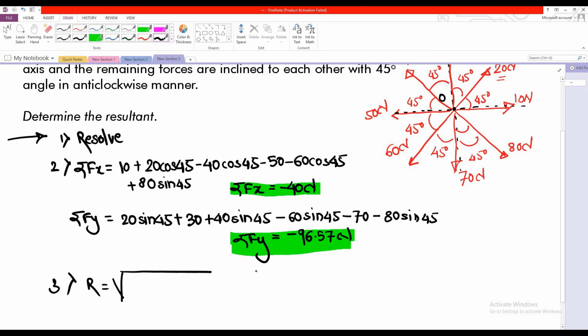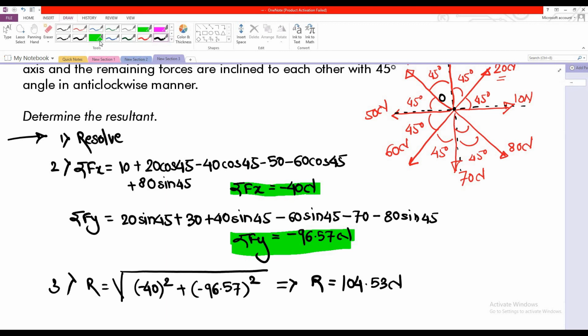It is simply root of summation of squares of fx and fy's value, minus 40 square plus minus 96.57 square, and our resultant comes out to be 104.53 Newton. Again highlight it.